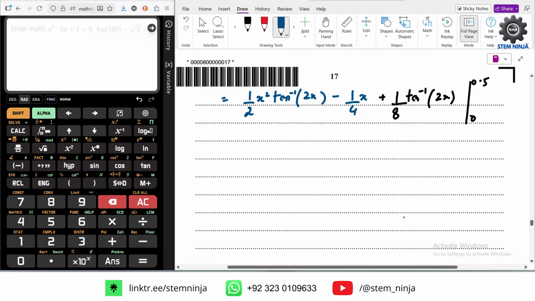So now what we do is we just simply plug in the limits. As you can see, these terms have the same common tan inverse 2x factor, but it's your choice whether to combine them into one or not. So first we plug in 0.5.